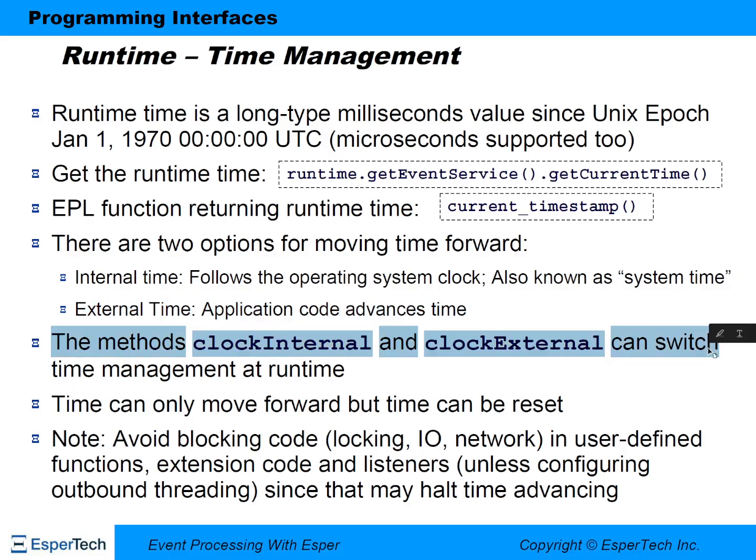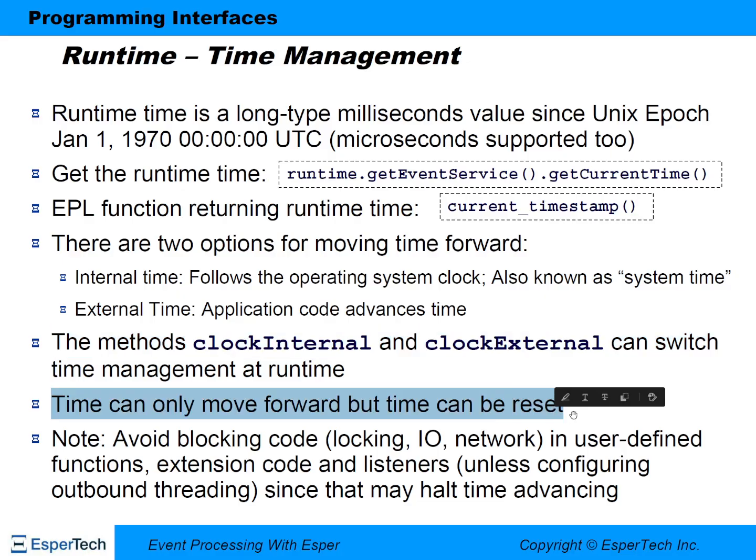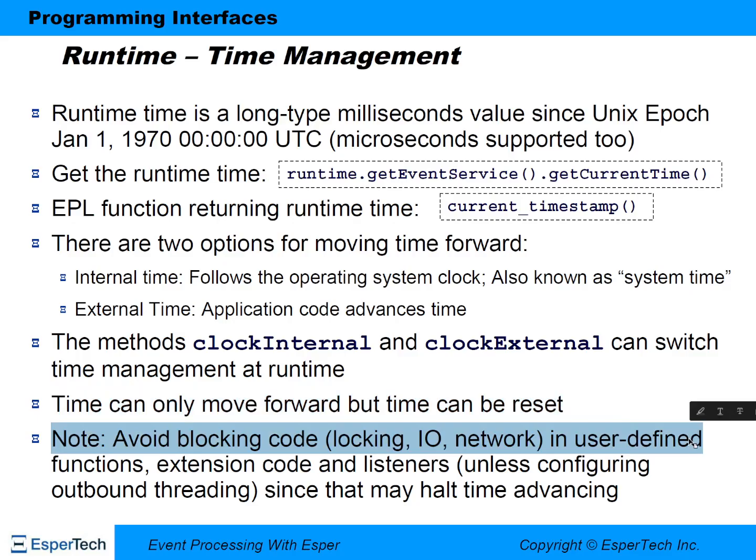At runtime, the clock internal and clock external methods switch between internal time and external time. Time can only move forward, but time can be reset. Note: avoid blocking code, such as locking, I/O and networking code, in user-defined functions, extension code and listeners, since that may halt time advancing.